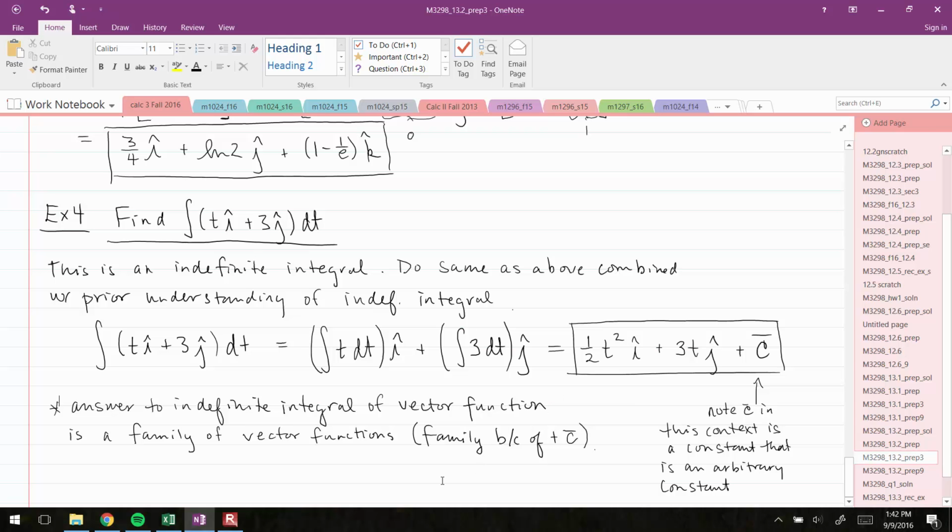And the answer to an indefinite integral of a vector function is a family of vector functions. We call it a family because of the plus c at the end, just like in a real valued integral problem, where the plus c constant would shift the function up or down. Here it's going to be shifted by some vector. And that's it for this section.